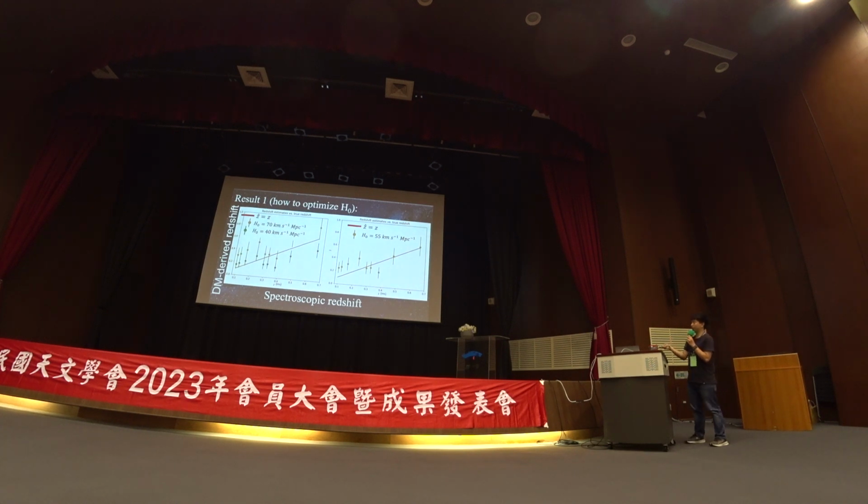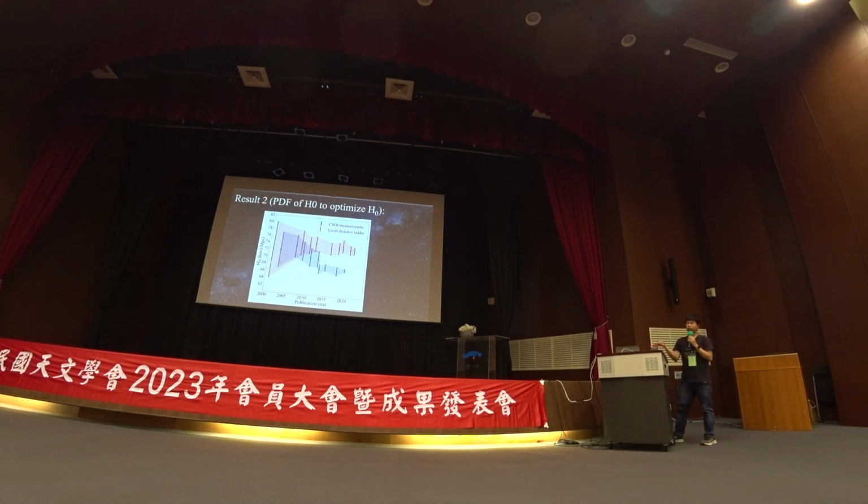We can compare to the Hubble constant equals 70 or 40. It's easy to see that 55 is closer. Let's go back to the previous figure. There is a 4 sigma difference between 2 methods.